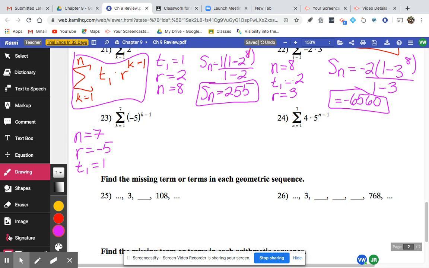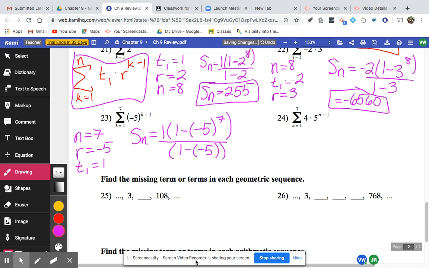So let's plug in everything that we know. And again, we want to be especially careful plugging this one into our calculators, because if you miss a parenthesis, you're going to get a wacky number. So here's how I would plug this in. I would write 1, parenthesis, 1 minus another parenthesis, -5, close that parenthesis, to the 7th, close parentheses, divided by parenthesis 1 minus another parenthesis, -5, parentheses.